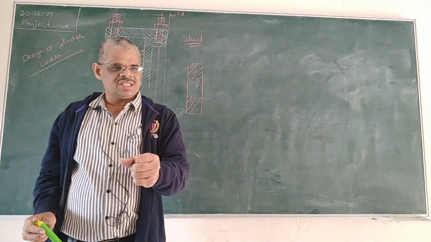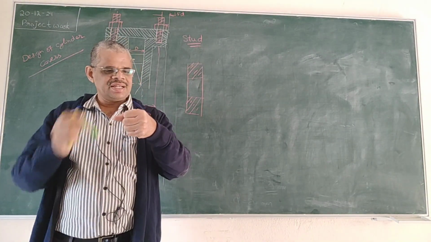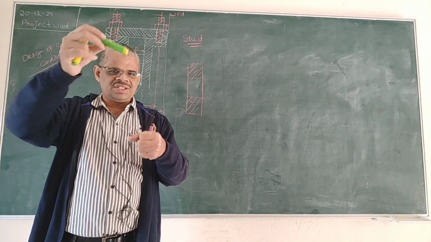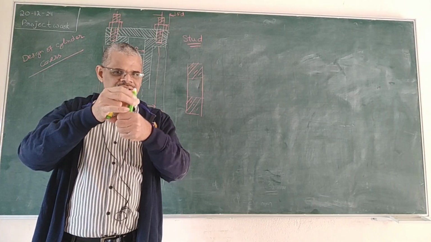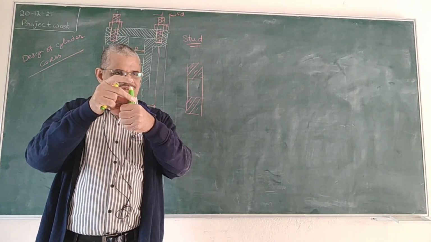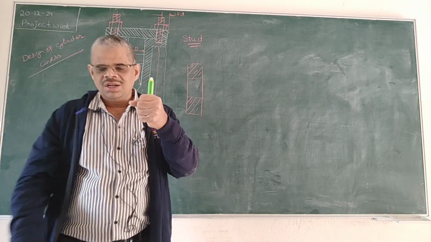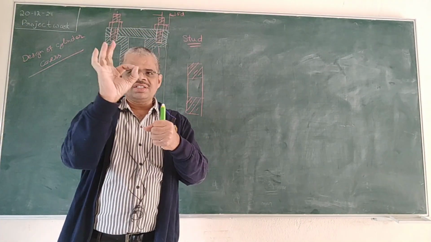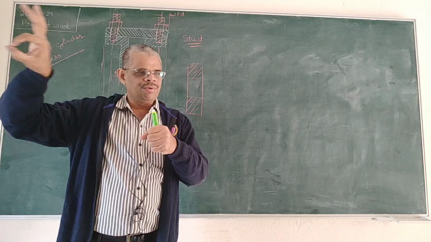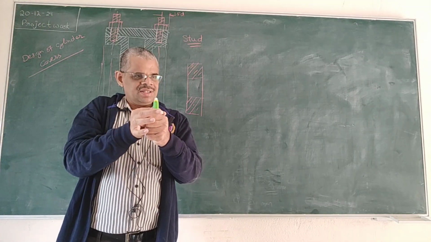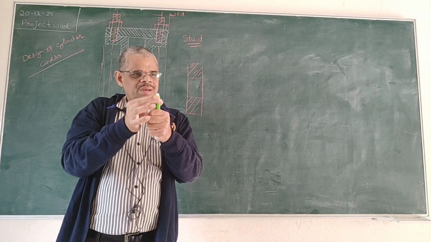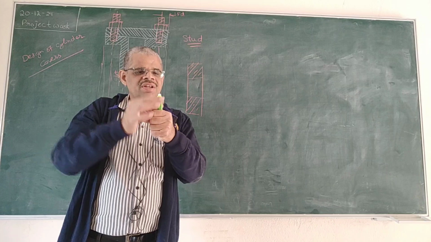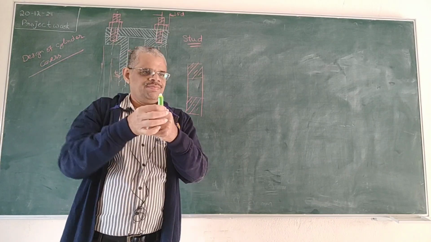See, initially this is our cylinder. It consists of hole, and this is the stud, for example. So the stud is inserted into it. Okay, right. Now this is the cylinder cover, and it consists of also a hole. Say for example, this is the cylinder cover. It consists of hole. So that is inserted like this. Now there is some extended portion on which a nut is inserted. So like this.